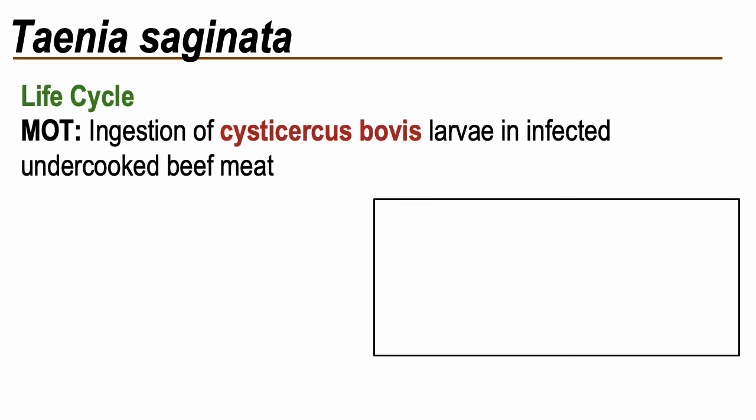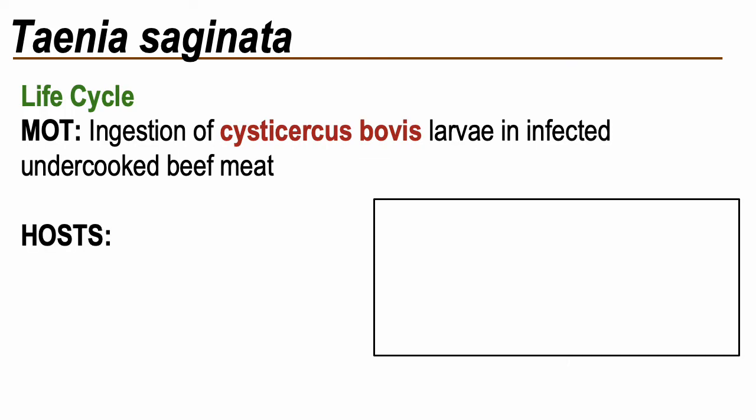So for the life cycle of Taenia saginata, this parasite, specifically their infective stage, is only acquired through the ingestion of raw or undercooked beef meat. The infective stage is what we call the Cysticercus bovis, which is encysted in the tissues of our intermediate hosts, such as cattle like cows and sheep.